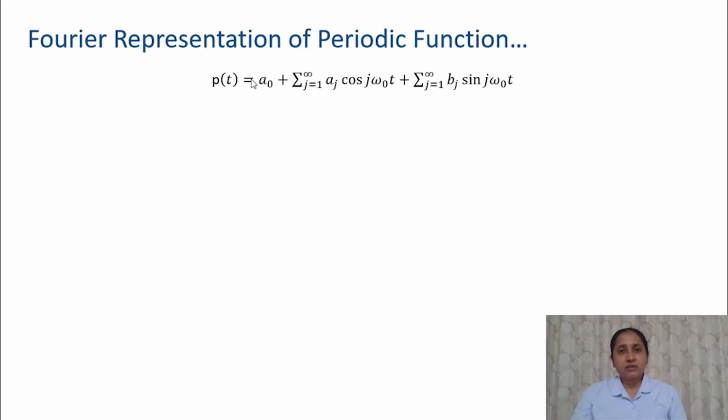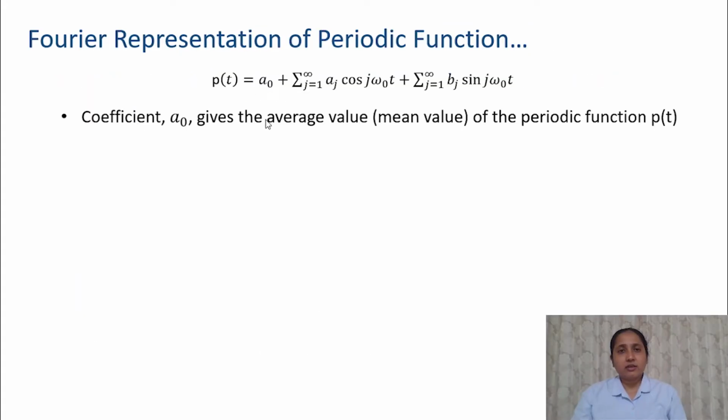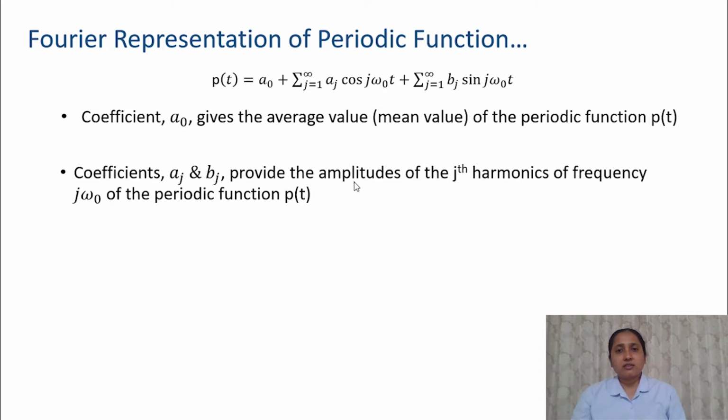We have seen that the coefficient a0 indicates the average value of p(t), and the coefficients aj and bj indicate the amplitudes of the jth harmonics, and the jth harmonic will have frequency equal to j times omega naught, and omega naught is the frequency of the fundamental harmonic, that is equal to 2 pi by t naught.